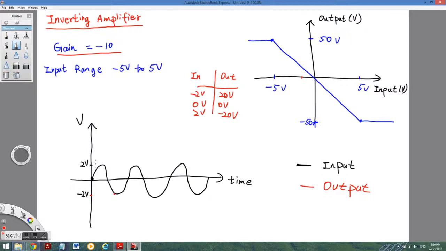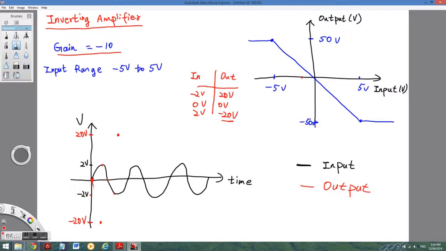So if I'm going to sketch the output of this diagram, I'm going to have a peak of 20 and minus 20 volts. It starts from 0, and when the input is 2, the output is minus 20 volts. When the input is minus 2 volts, the output is going to be positive 20 volts.